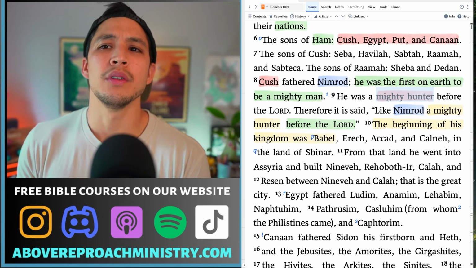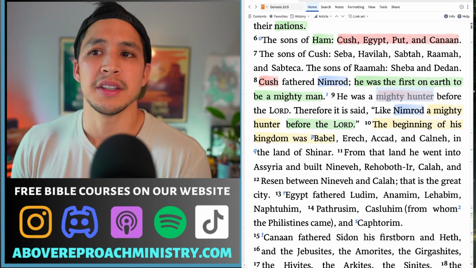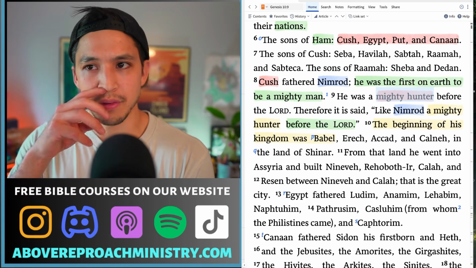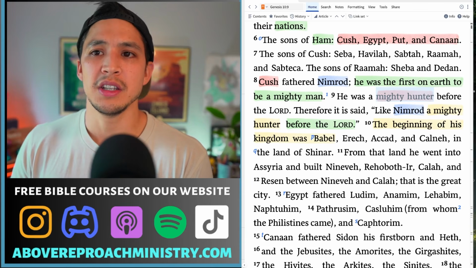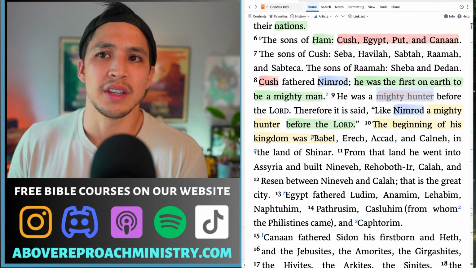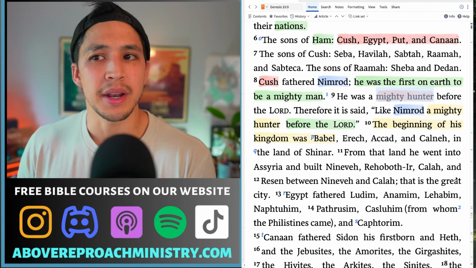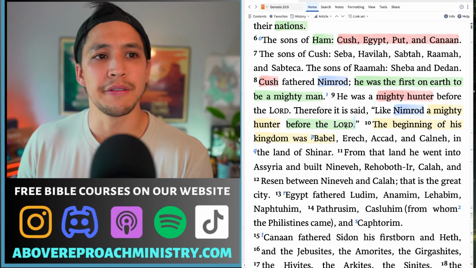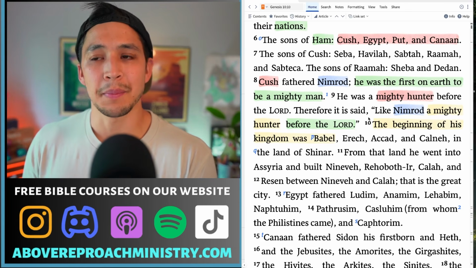Cain's line will be full of these mighty men, that seem to play a role in the invention of tools and weapons. And so they seem to be these kind of mighty warrior hunters. So I don't think Nimrod is set forth as a hero, but as a villain. Meaning when it says he's before the Lord, that's in opposition to.